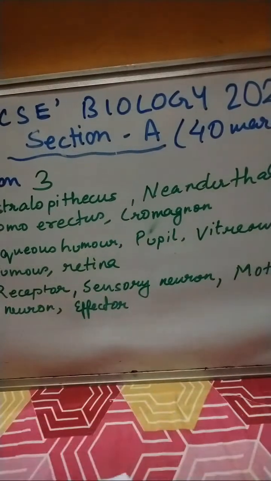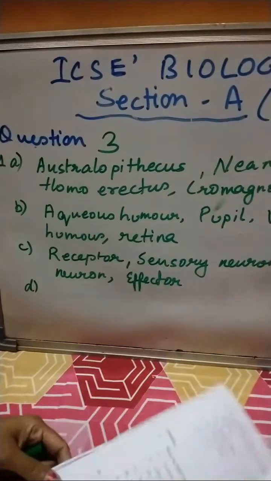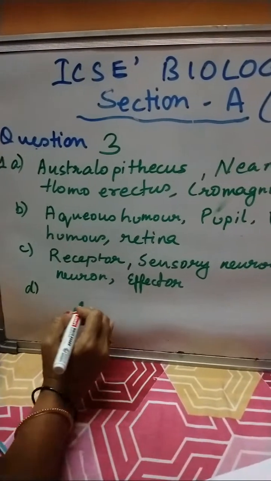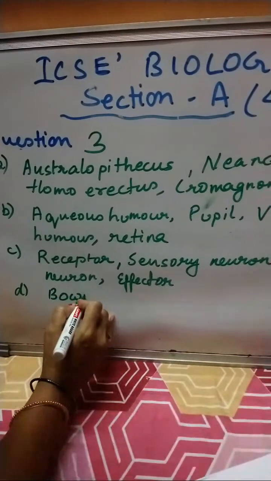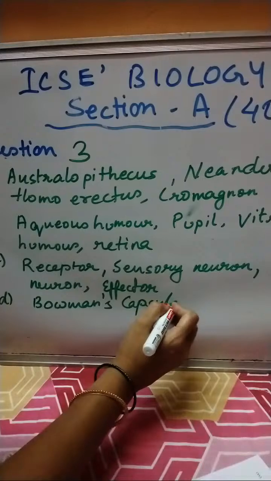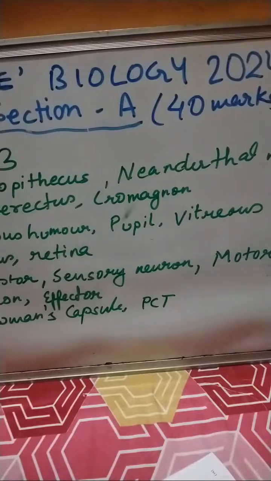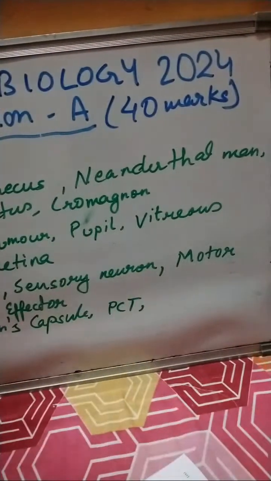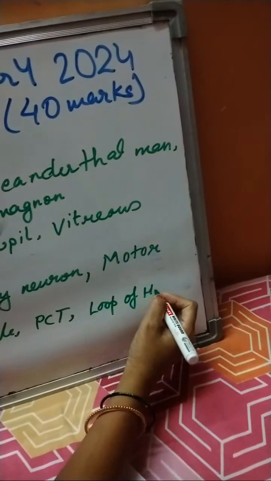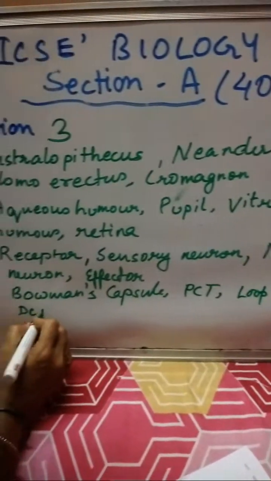We'll go with the fourth choice, that is loop of Henle, distal convoluted tubule, Bowman's capsule, and proximal convoluted tubule. Starting with the Bowman's capsule, then comes PCT, that is proximal convoluted tubule. Then comes loop of Henle. Then comes DCT.